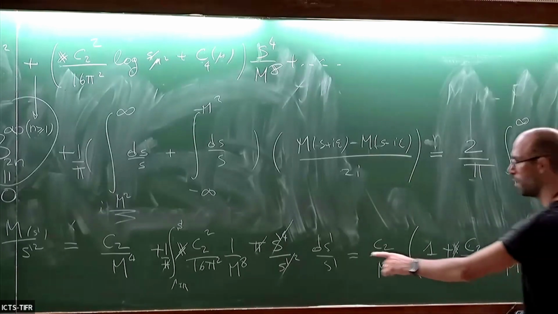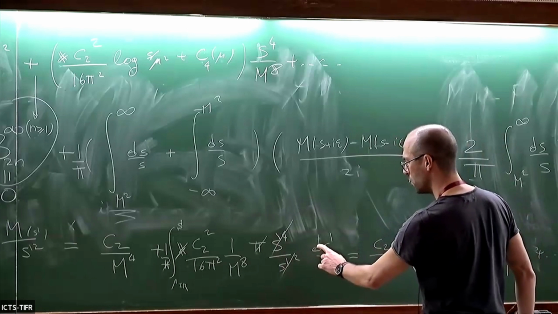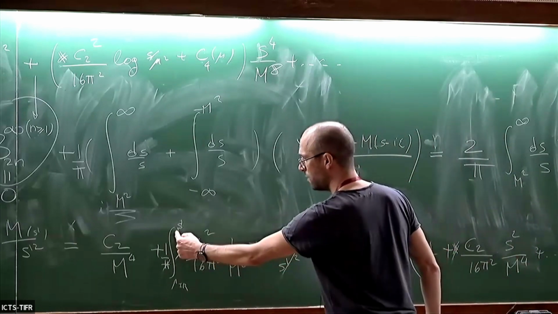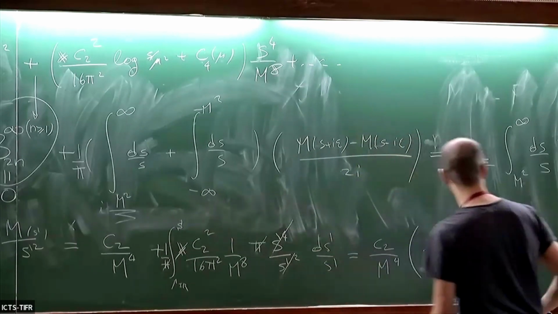You see there's an s squared here, integrating ds over s, so it gives me this evaluated at s. So s prime evaluated at s gives me s squared.